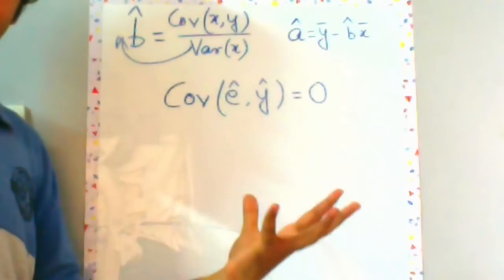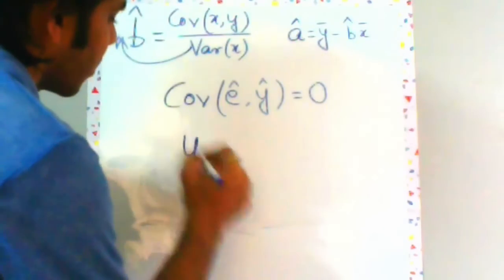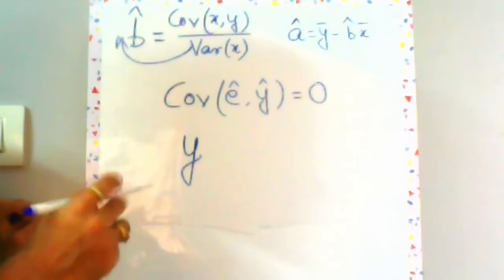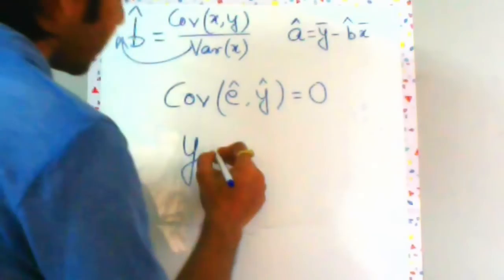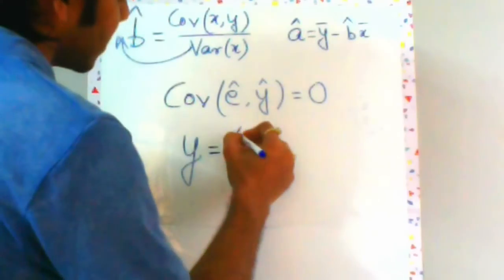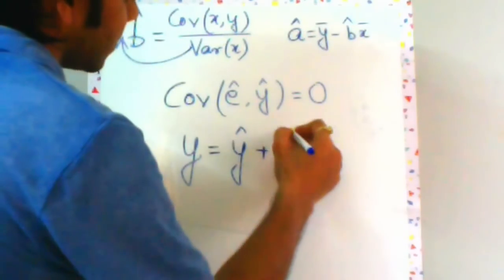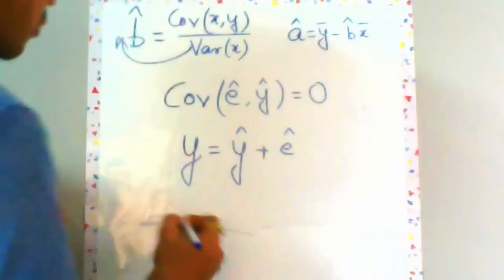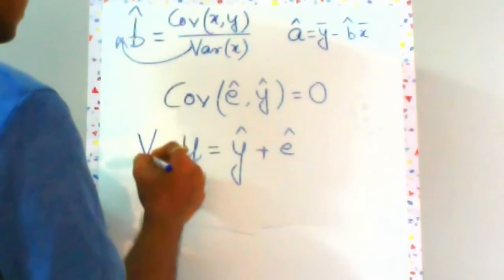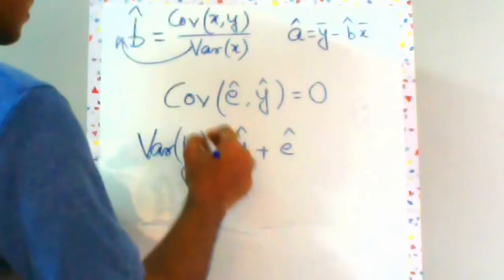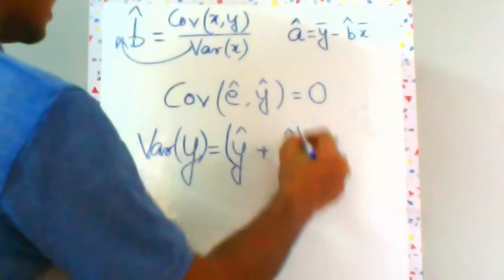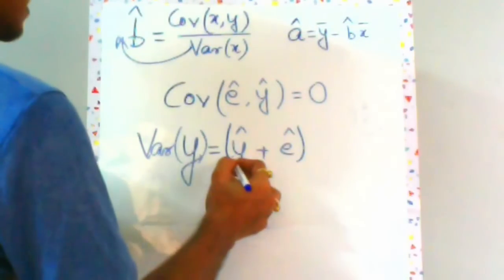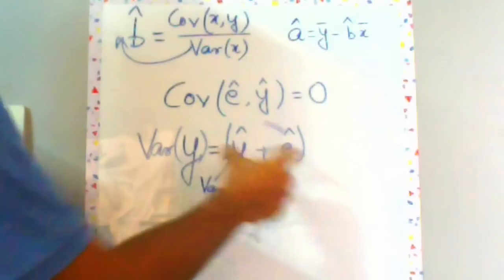Let's look at that. When we have y value, it is equal to y hat plus e hat. So whenever you want to find the variance in y, you need to find the variance of this quantity. Let's expand it.